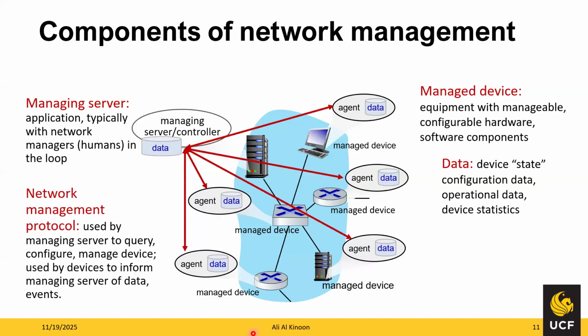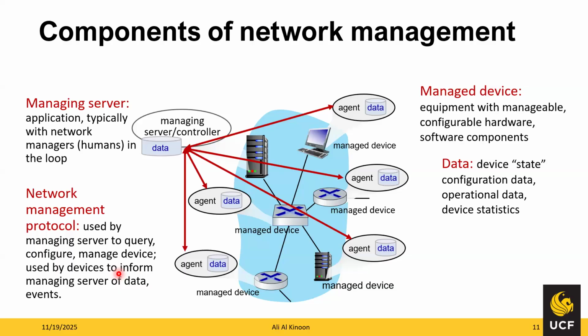We also have the network management protocol. As you can see, the arrow shows the managing server communicates with each device and controls each device. The network management protocol defines how the server would query devices, retrieve data, and send configuration updates.